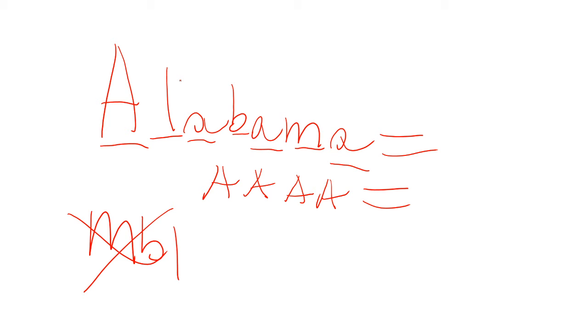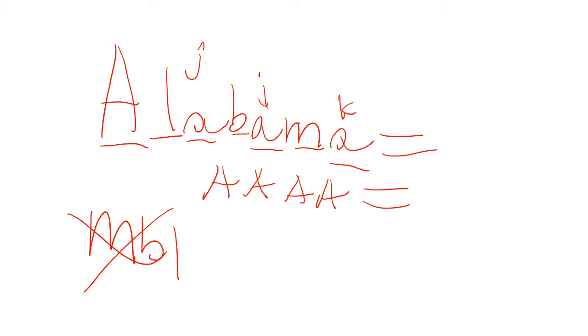So first we're going to do the same thing. Pretend these A's are all different. Let's say this is the A, this is J, this is I, this is K. Right now we're going to count the number of letters first. 1, 2, 3, 4, 5, 6, 7.